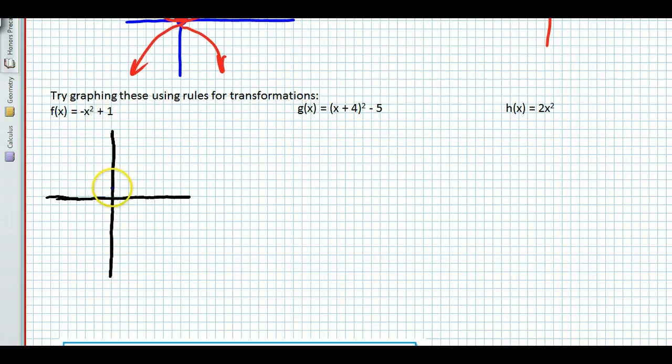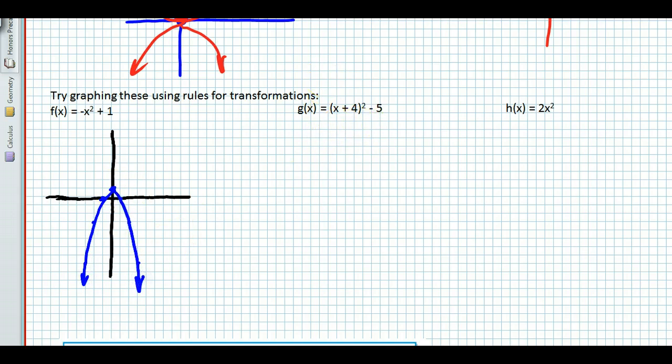So instead of starting at the origin, now I'm going to start at 0, 1, and then I'm going to go 1, 1, 2, 4, 3, 9, and then by symmetry I just match these points over here, and there's my graph.